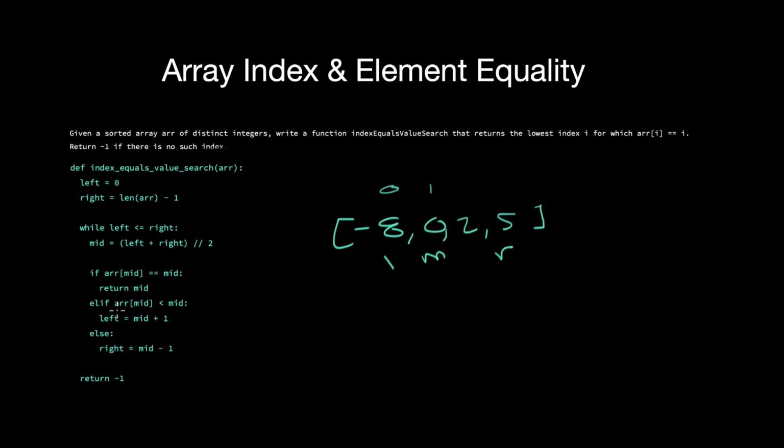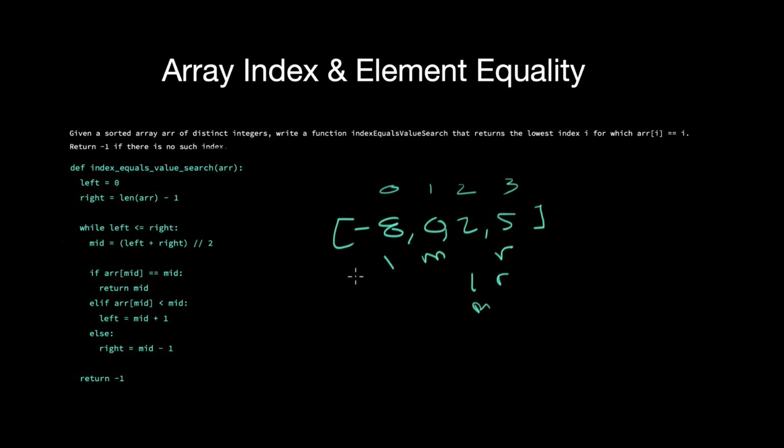So this is 0, 1, 2, and 3. 0 is less than 1, so it's going to update left to mid plus 1, which will put us over here in the next iteration, and then the right one will be over here. You're just going to skip over it, and it's going to retain its current value. And then you're going to calculate middle again, so mid then ends up being here, and you can do the same calculation. If the value at mid equals mid, then you return mid itself.